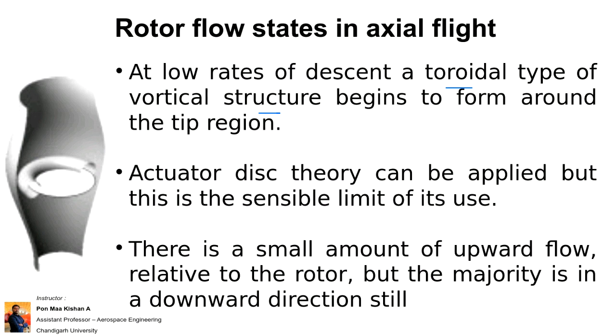This is the cross-sectional area, and actuator disk theory can be applied, but it has some errors. Momentum theory we can apply for this, but there is some error due to the vortex formation, because in momentum theory we are not considering the vortex formation. We are just considering the mass flow rate and calculating the pressure difference.